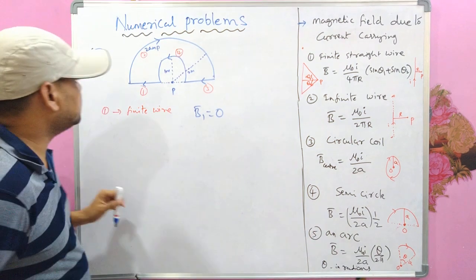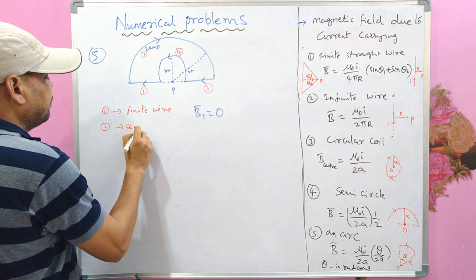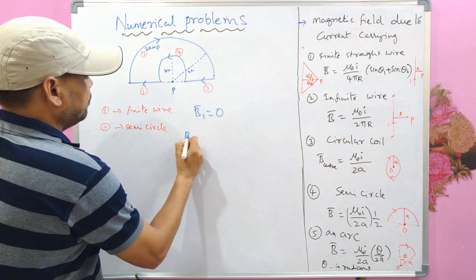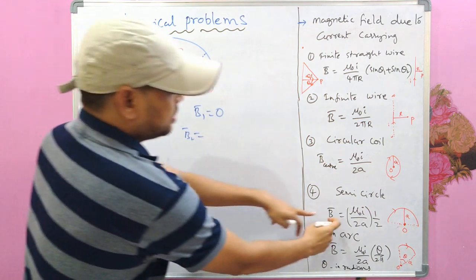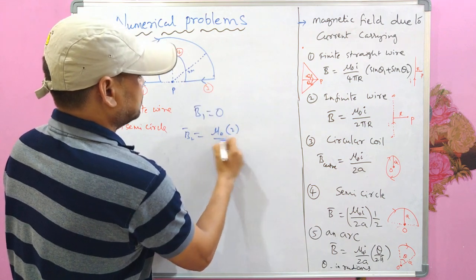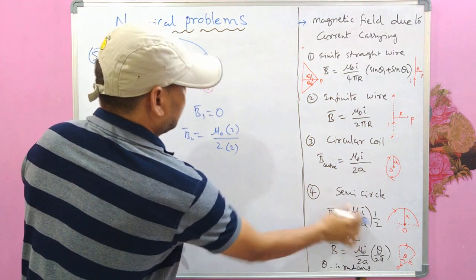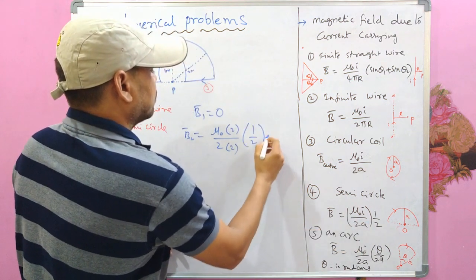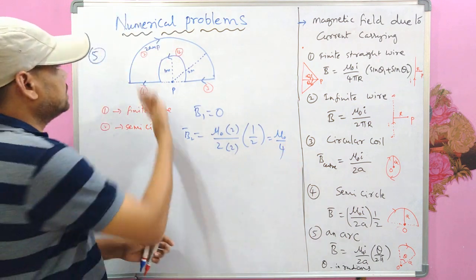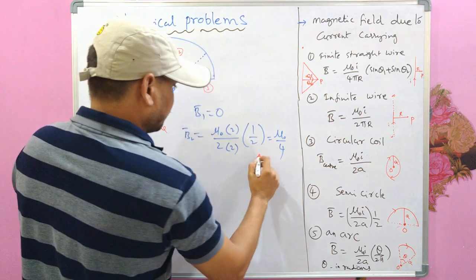And the number 2 is semicircular coil. Then magnetic field will be, for a semicircle, mu naught, what is the current there? 2 amperes by 2 into what is its radius? 2. I am using this formula. So mu naught by 4 overall. What is its direction? It is inwards.